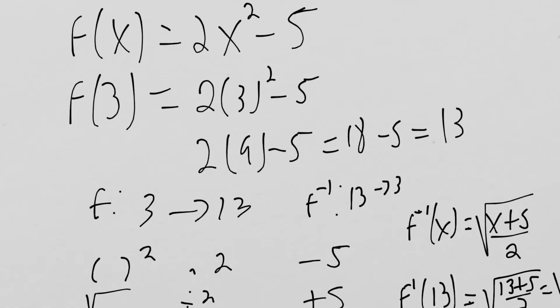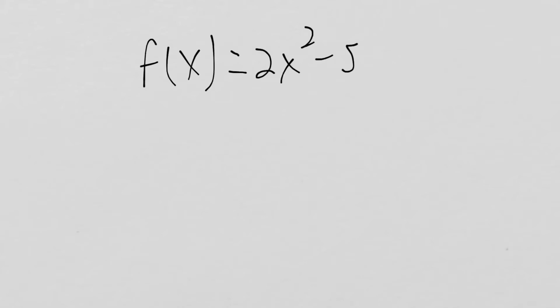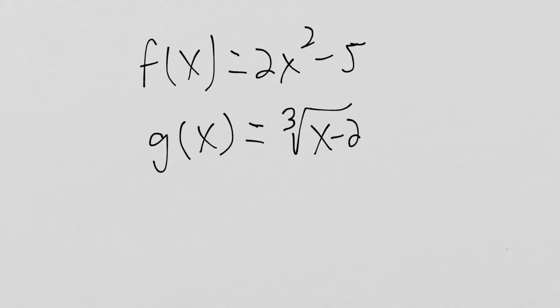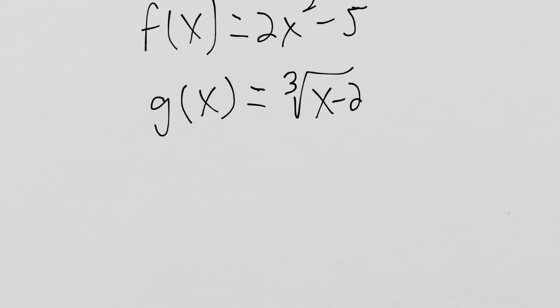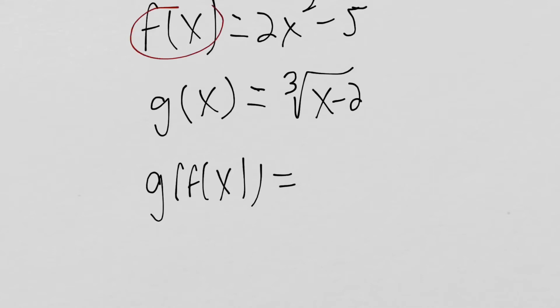And we also talked about how you can compose two functions. So if I have f of x as my function still, and that's 2x squared minus 5, and I have another function, g of x, which we'll say g of x equals the cube root of x minus 2. What we can do is we can do a function like g of f of x, where we take the function f of x and we plug it in to the function g, right?